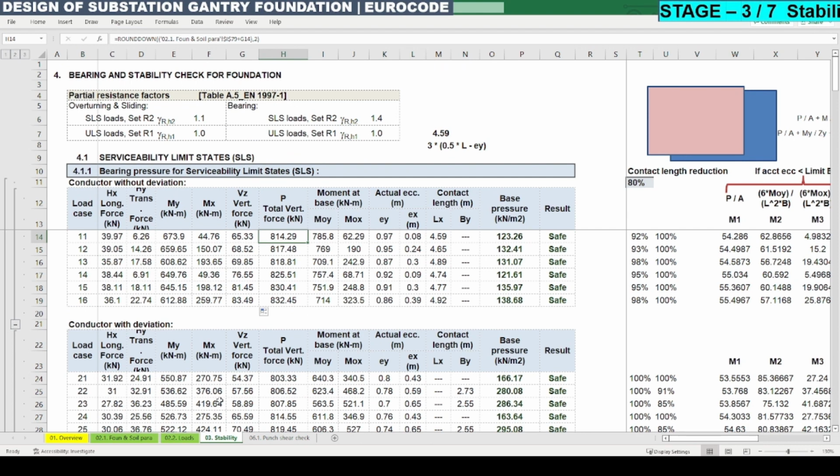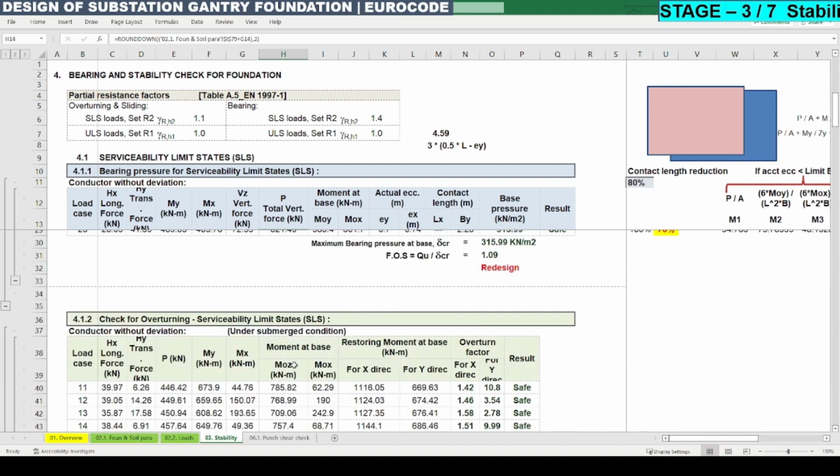There will be some variations or confusion may happen. So in that case, my suggestion is that in order to calculate the bearing pressure, we need to consider the dry weight of the concrete and the soil, so that we are able to find out the effective base pressure.